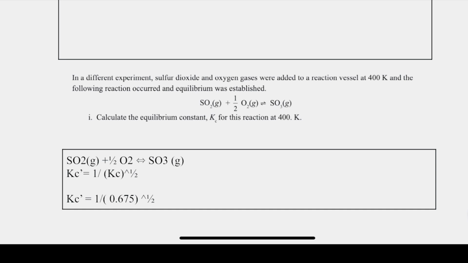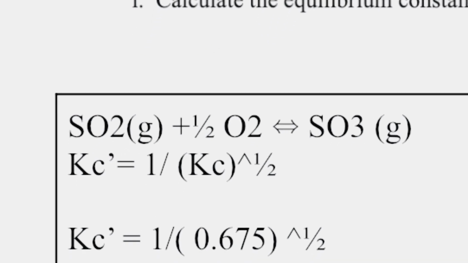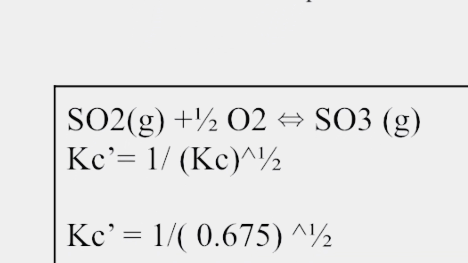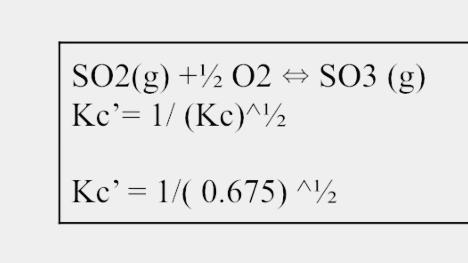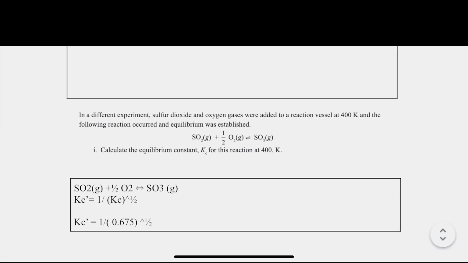So we have to calculate the equilibrium constant Kc for this reaction at 400 K. So what you have is SO2 gas plus 1/2 O2 gas, with the arrows for the reaction, going to SO3 gas. So then you have Kc is equal to 1 over Kc to the power of 1/2, which will equal 1 over 0.675 to the 1.5. Thank you.